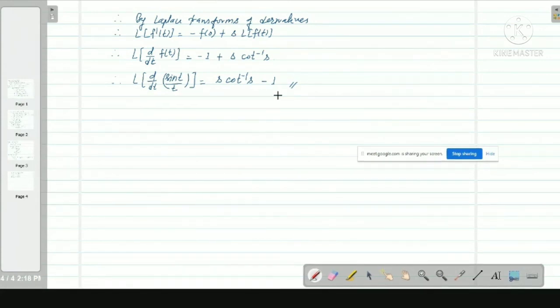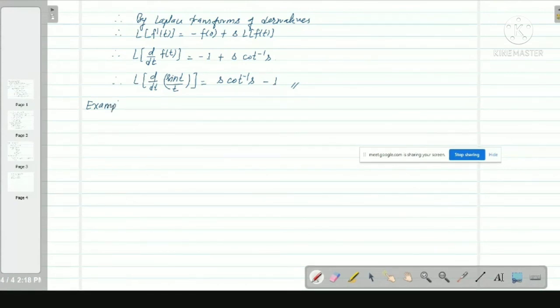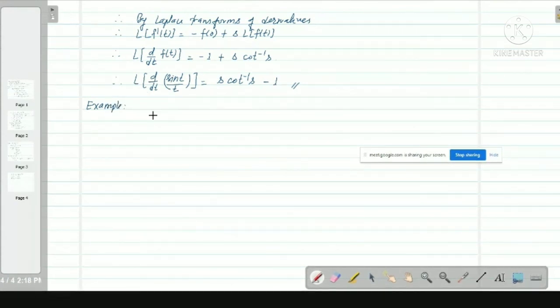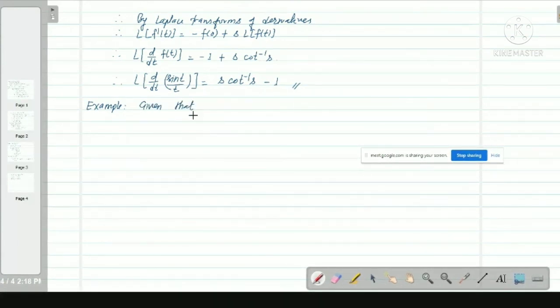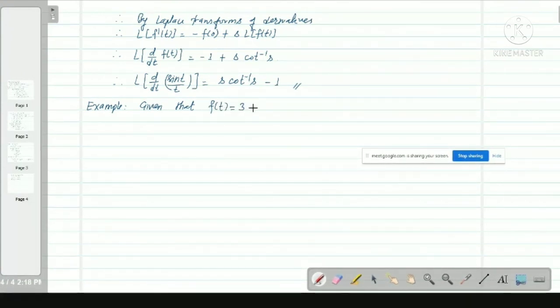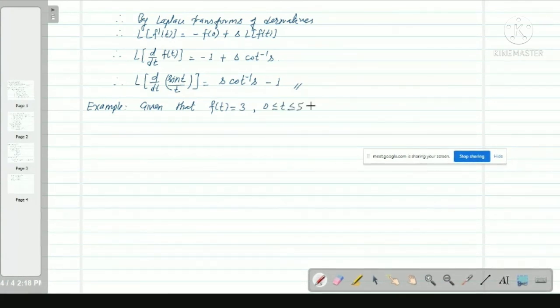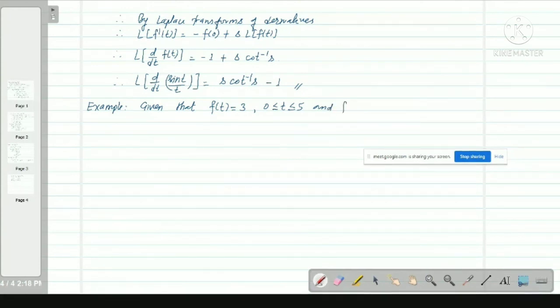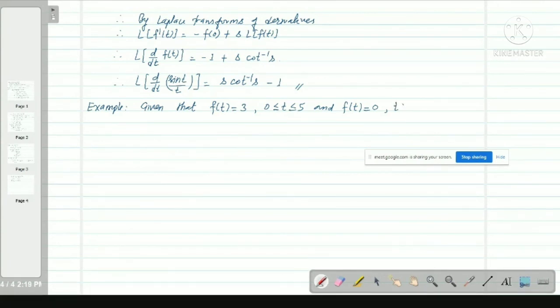Okay, let us give you one or two problems as homework. Example: given that the function f of t is equal to 3t, with condition 0 is less than or equal to t is less than or equal to 5, and f of t is equal to 0 otherwise, that is, t greater than 5.